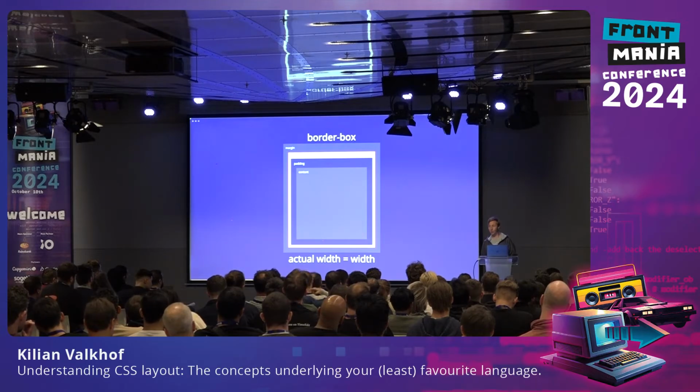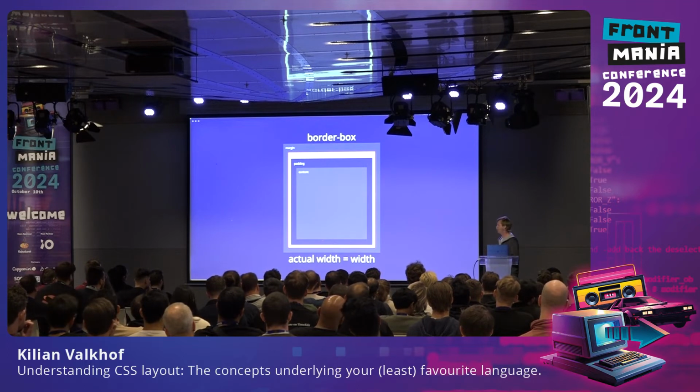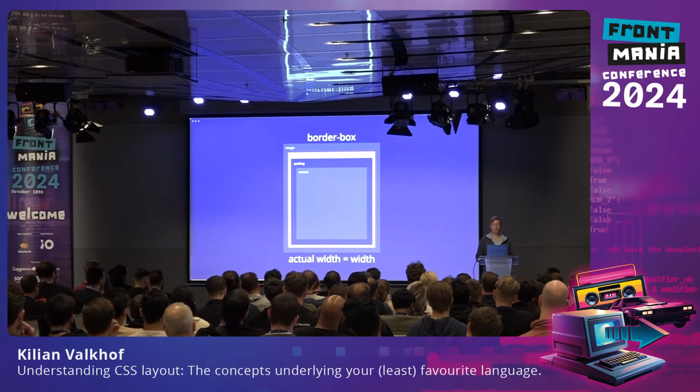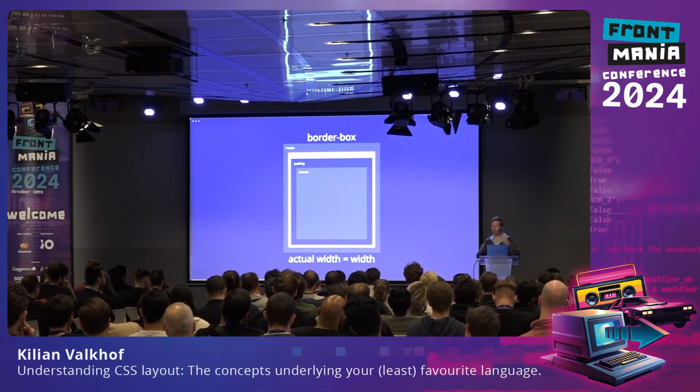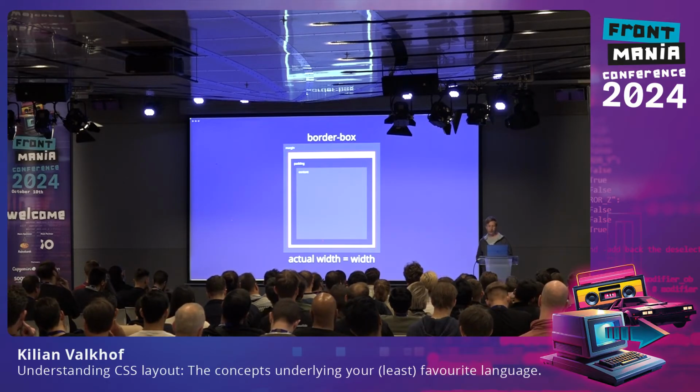That's much easier to work with because you don't have to do math. This means, though, that in this situation, padding and border are both inside the box. So your content will be less wide. Usually this is what you want. This is like the logical thing. Margin is outside of this box, and we'll get to margin in a bit.